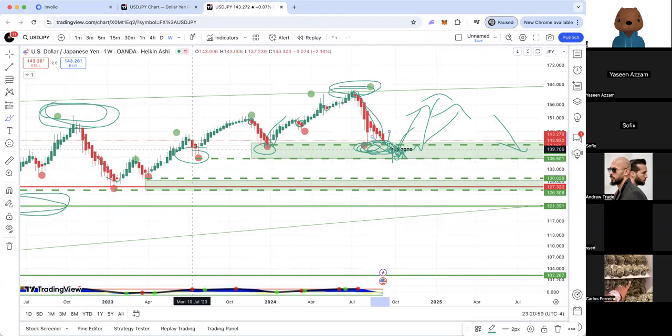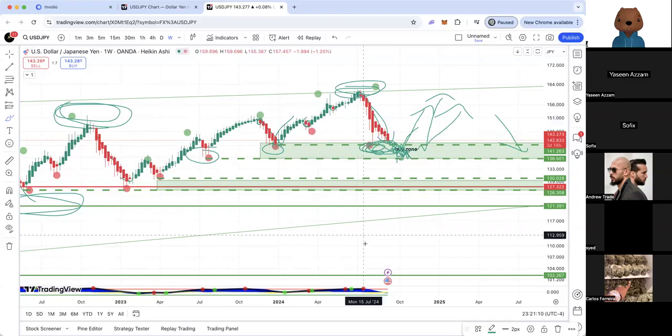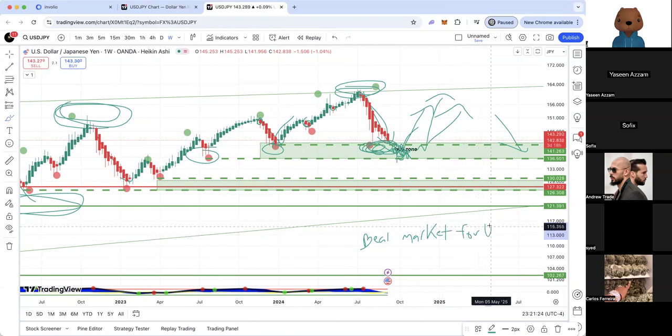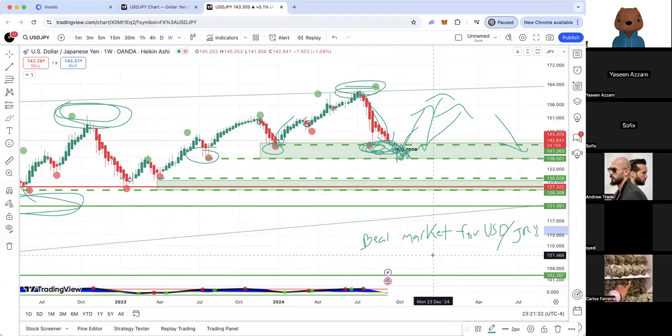Then you've got these few weeks where it's just 3 weeks and then boom, it's green. So what does this tell me? This tells me that the bear market for this pair, USD and JPY, lasts 3 weeks.